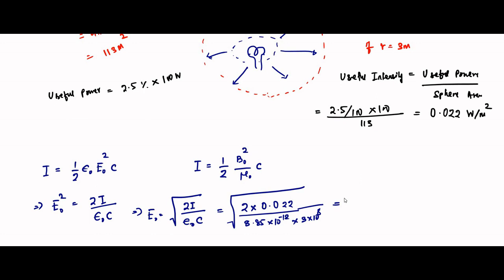So that is equal to how much? It is coming 4.08 volt per meter. This is the peak value of electric field.